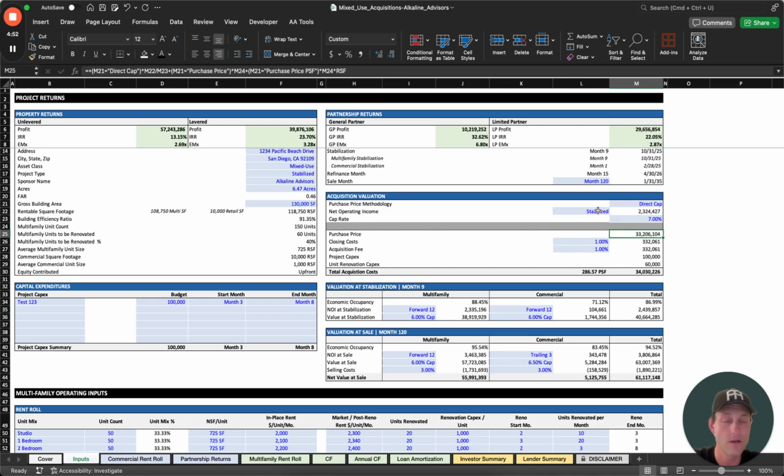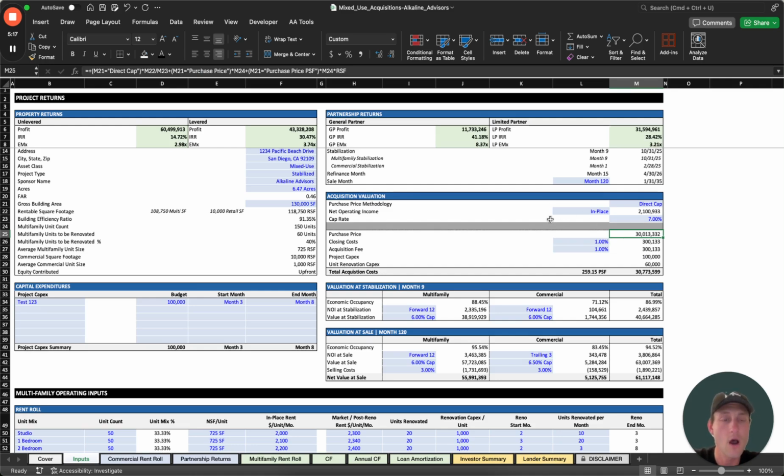So if we say we want to take a 7% cap rate at the stabilized NOI, then we're going to take a 7 cap of the NOI at stabilization, and this will then require us to purchase the asset at $33 million. Similarly, 7 cap, that will give us a purchase price of $30 million.